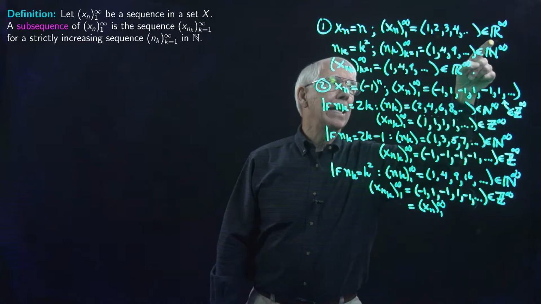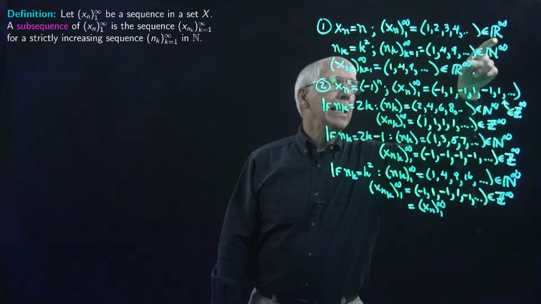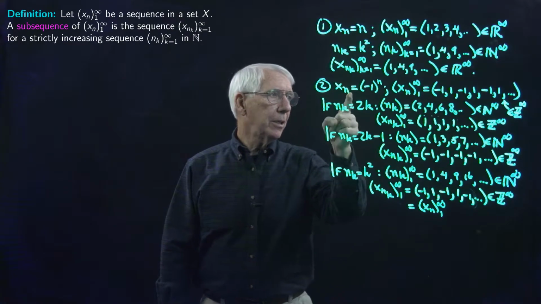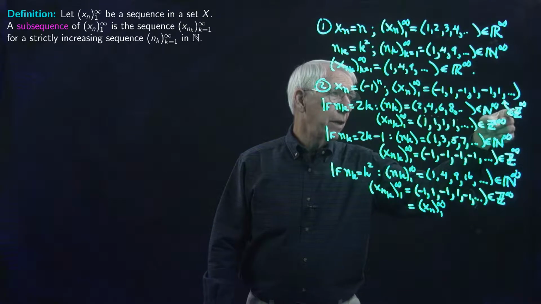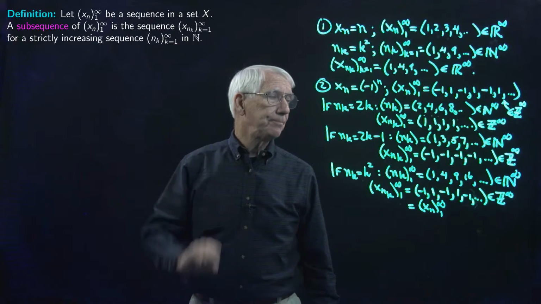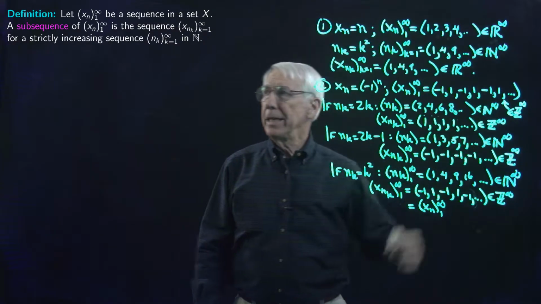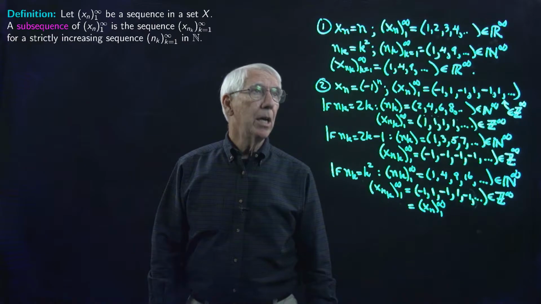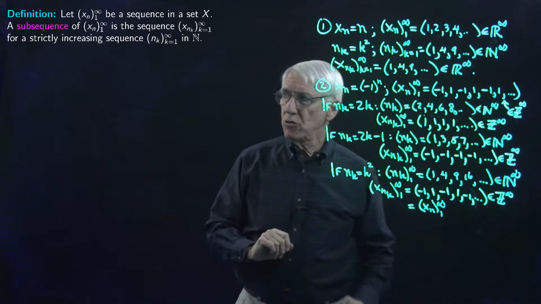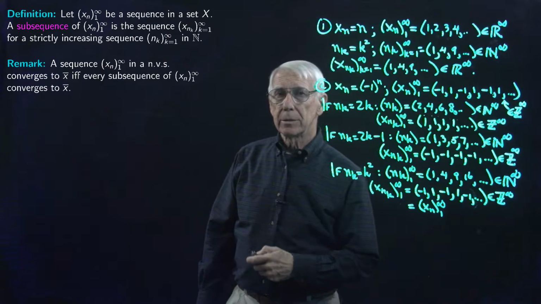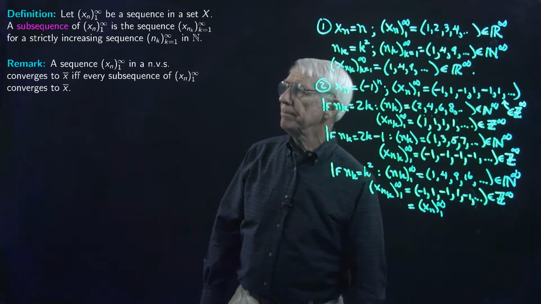I could have written it as capital Z because these happen to be integers, and then this would be Z to the infinity, and Z would be playing the role of capital X. Here, I explicitly said we're working with integers, so Z is playing the role of capital X, and Z infinity here would be capital X infinity for the set of sequences over here. So that's how subsequences work.